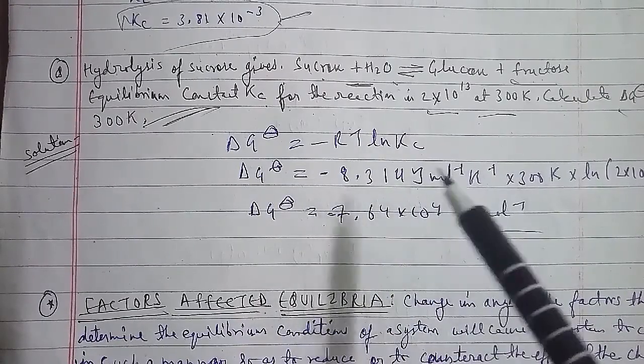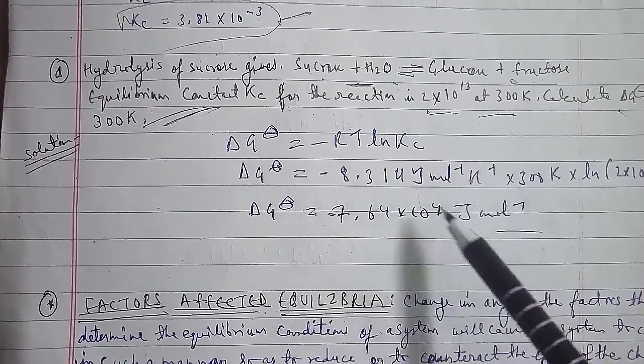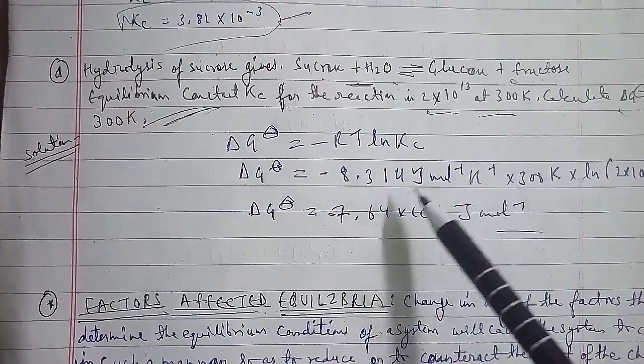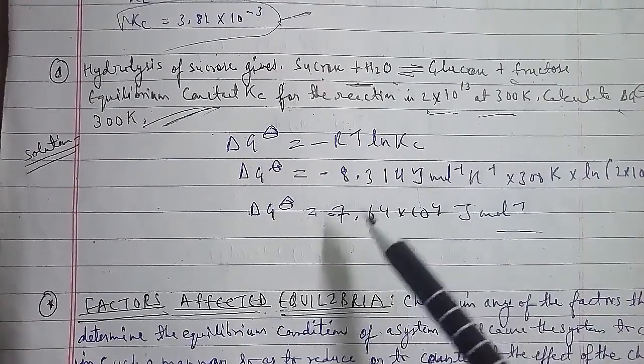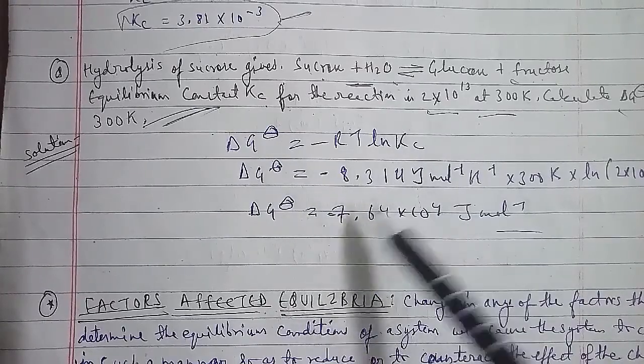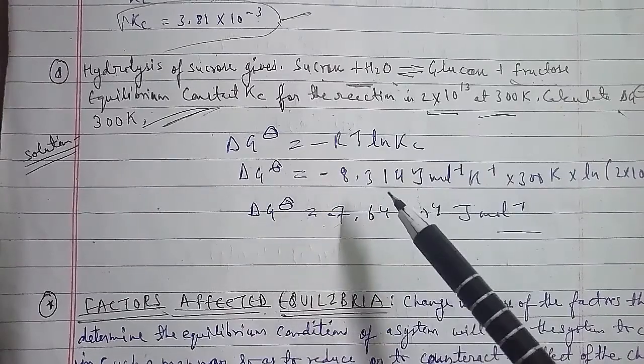And similarly, a change in temperature or pressure of the system may also alter the equilibrium. In order to decide what course a reaction adopts and make a qualitative prediction about the effect of changes in conditions on equilibrium, we use Le Chatelier's principle.